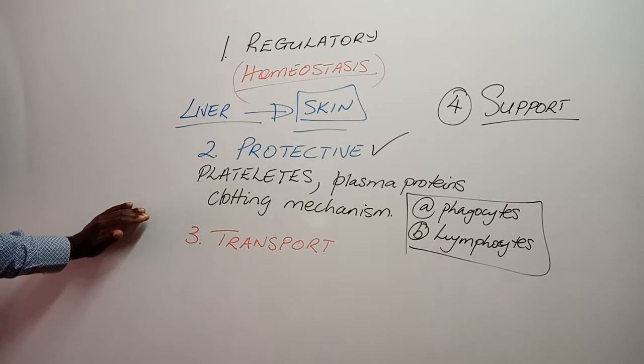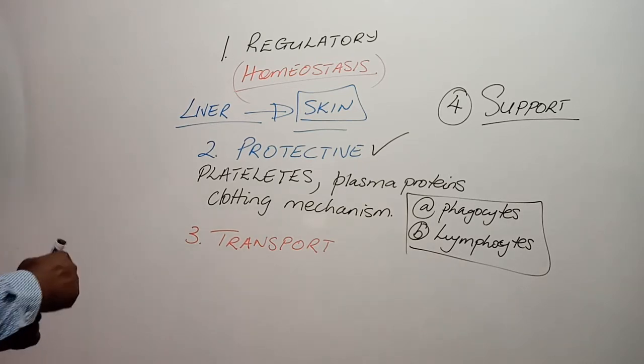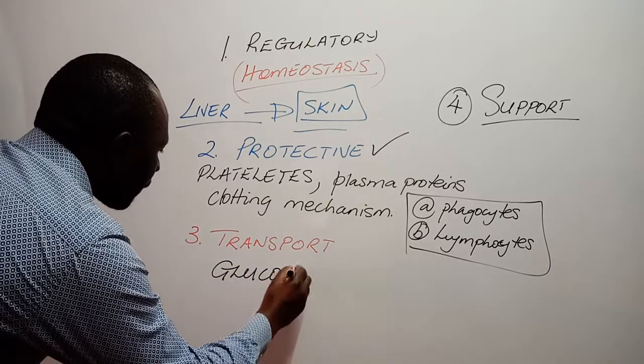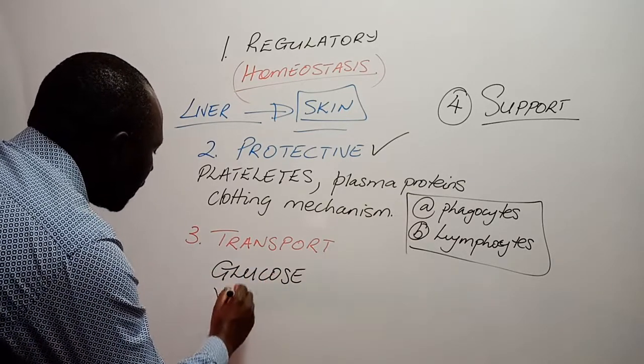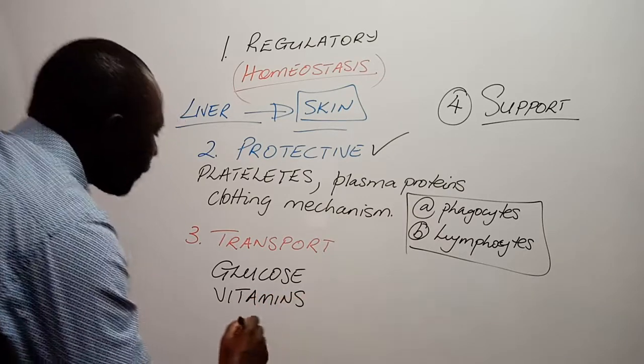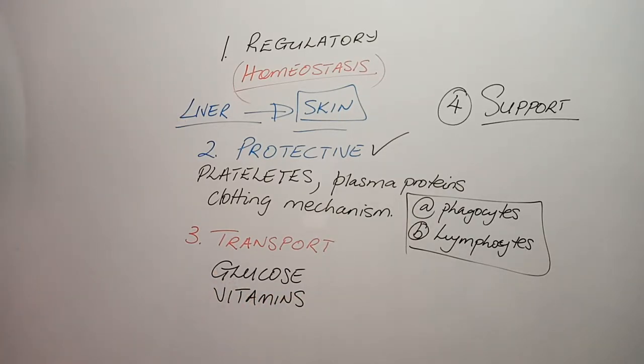These soluble products are mainly glucose, vitamins, right? So this glucose and vitamins need to be transported from areas of production to the areas where they are needed.